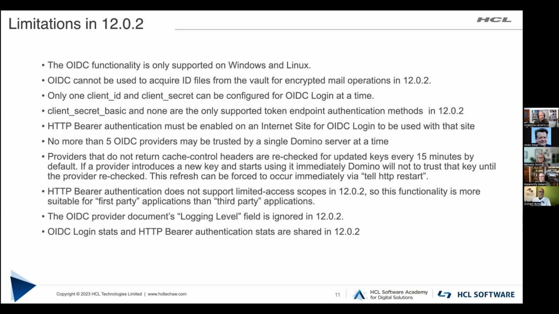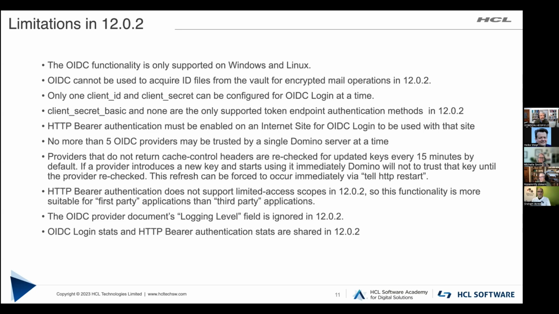Those of you who have been using the AppDev Pack in order to use HTTP bearer authentication against your Domino server are used to being able to configure all sorts of custom scopes and restrictions in a special database. And Gordon can tell you about that in far more detail than I could.